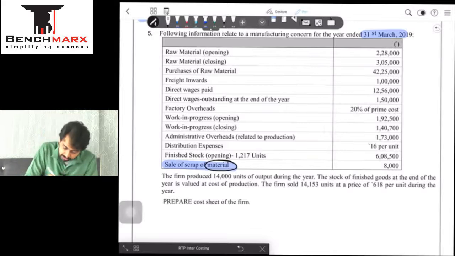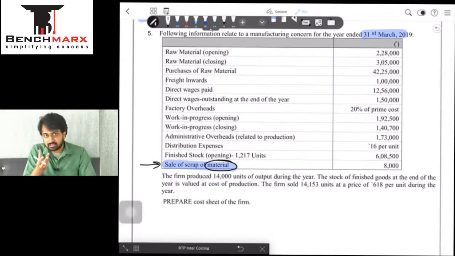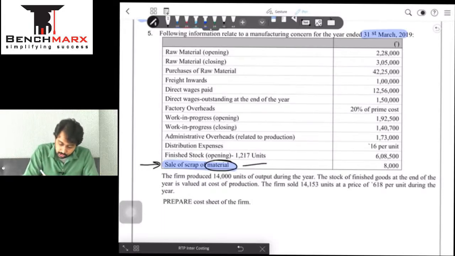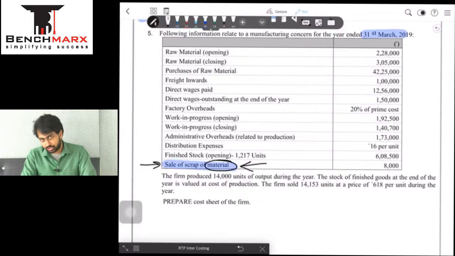But here if it is mentioned sale of scrap of materials, then I have to adjust this amount from the RM consumed, and this is the only point new or unique in the entire question, that ICAI adjusts the sale of scrap of materials. If the word materials is given, sale of scrap of materials is to be adjusted when I compute my raw material consumed.